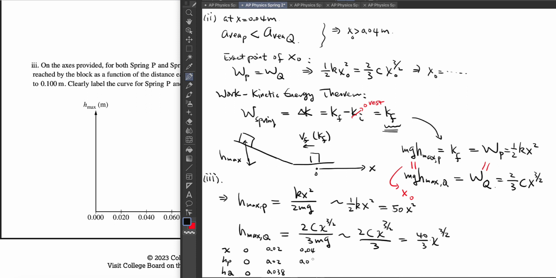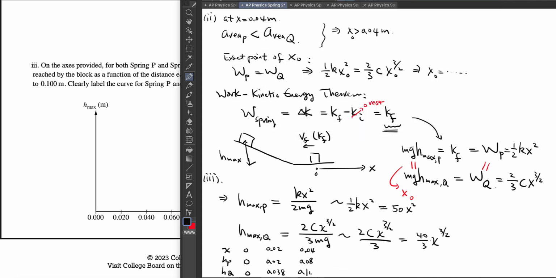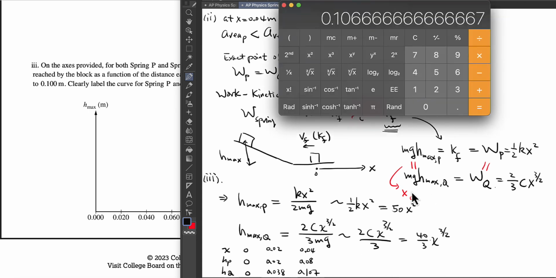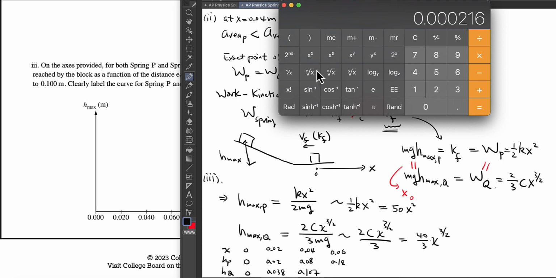So it's 0.08 here, and HQ is 0.107. Now let's say 0.06. That's 0.18 for HP, and 0.196 for HQ.